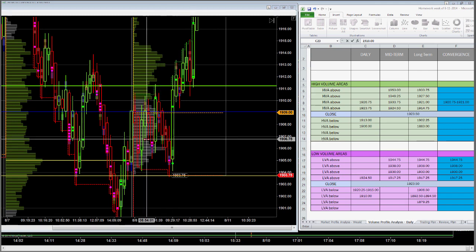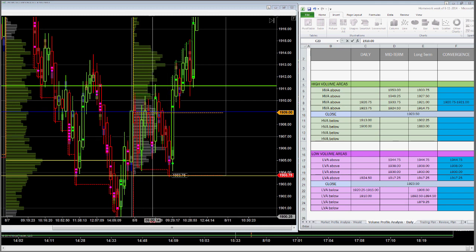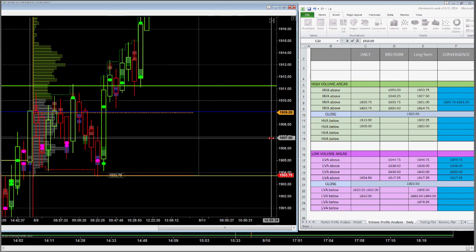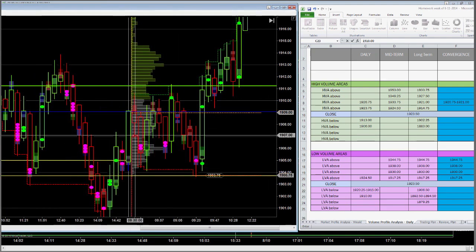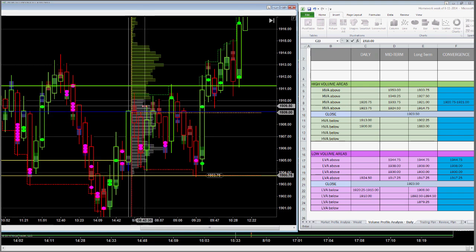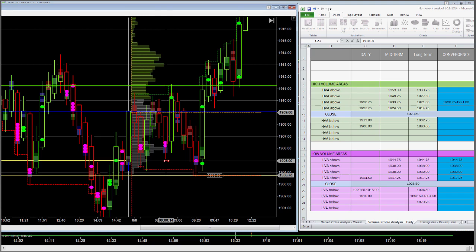So you can see this high volume area, this low volume area, right, and it's sitting right on top of a composite or a longer term low volume area. I mean, look at this thing. And there were a couple of cases where price opened, came down to it, bounced, gave us activity to the upside, then came straight through the upside, came back down, came up, bounced off of it, came down again.